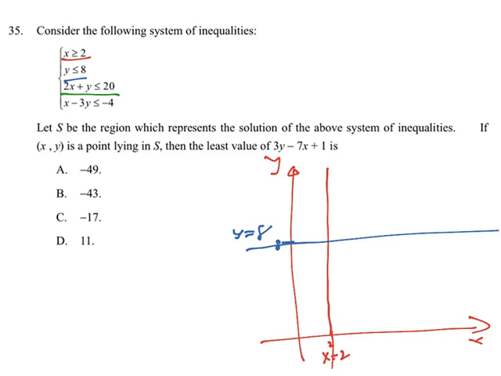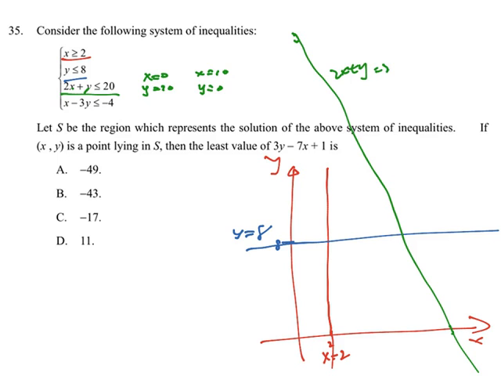And then for 2x plus y equal to 20, when x is 0, then y is 20, and when y is 0, x is 10, 20 divided by 2. So x is 0, y is 20 here, and x is 10 around here, y is 0. So the graph is about like this one.